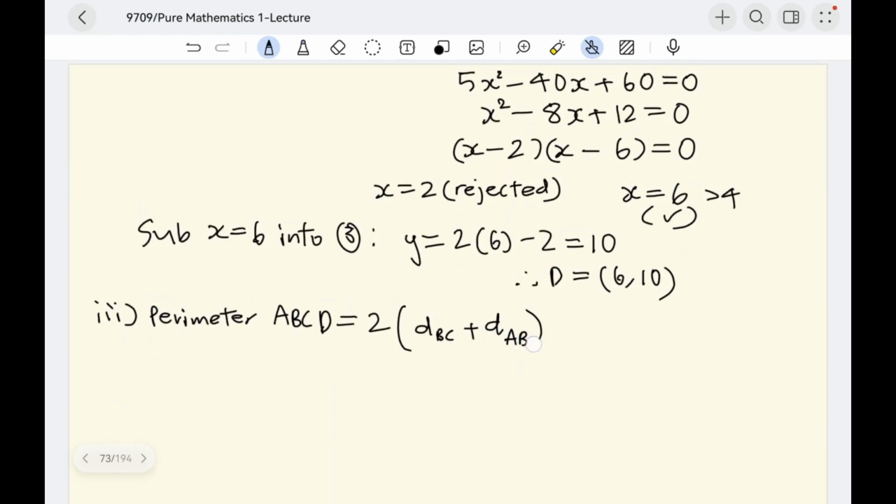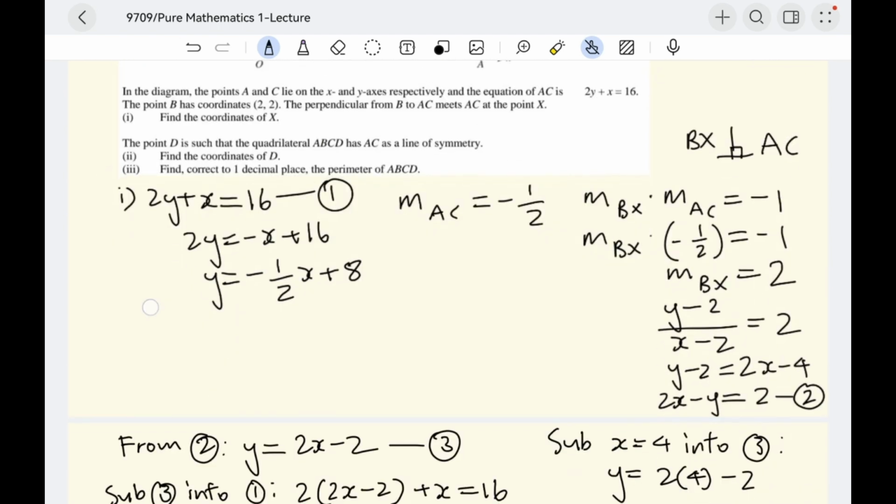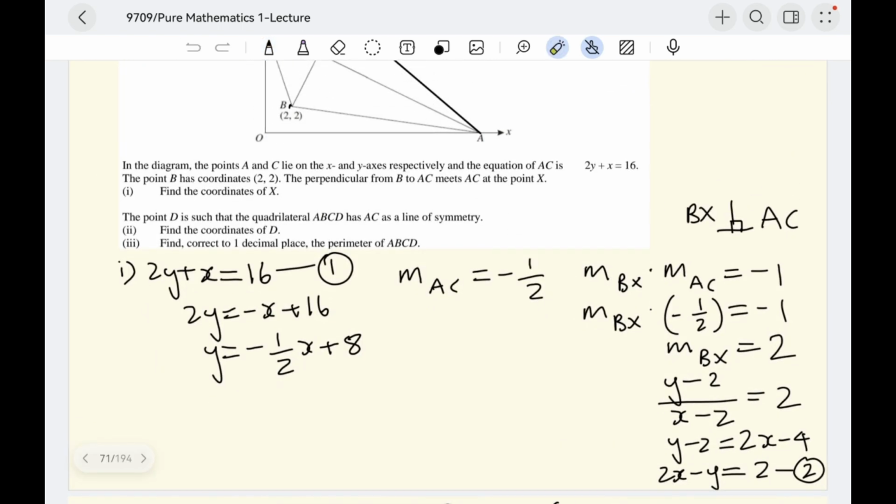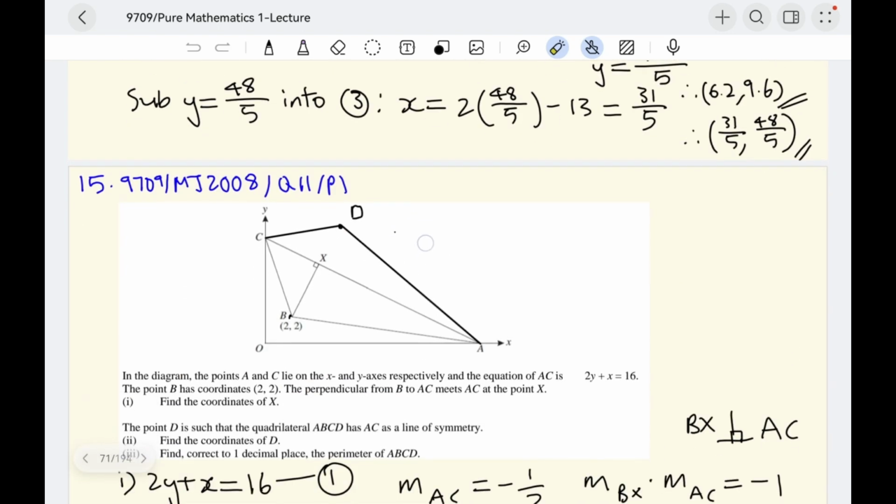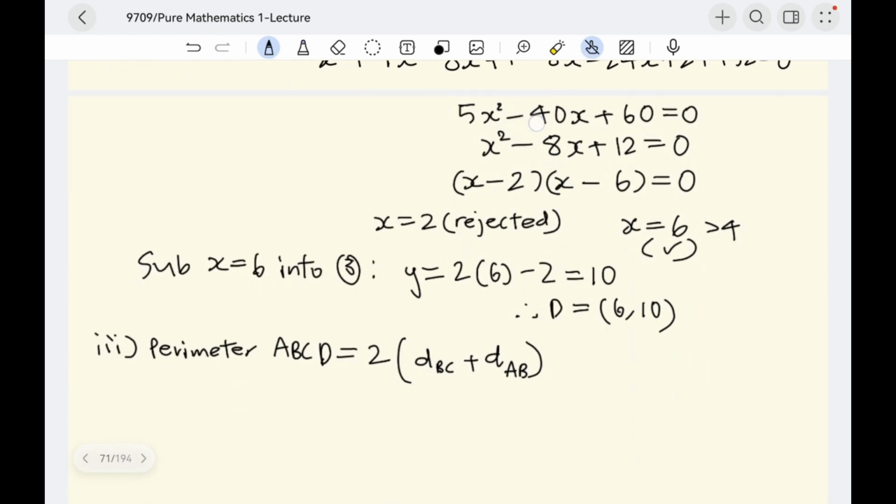So when it comes to the requirement of the question, you need to obey this one: you must give the final answer in one decimal place for the perimeter of ABCD. Let me indicate again: this side and this side are equal in length, as well as this side and this side must be equal in length to each other.